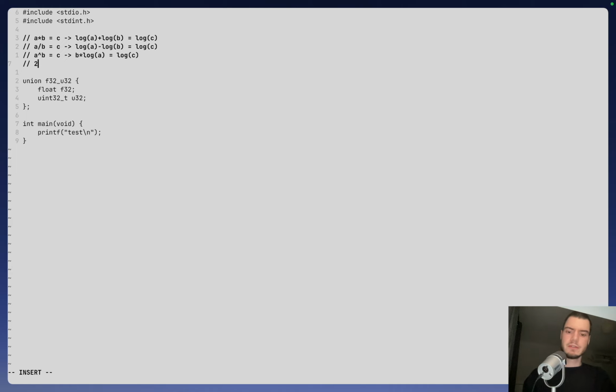If we have 2 to the power of 3 is equal to 8, we have 3 times log of A, in this case it's just 1, equals log base 2 of 8, which is 3. 3 times 1 equals 3.